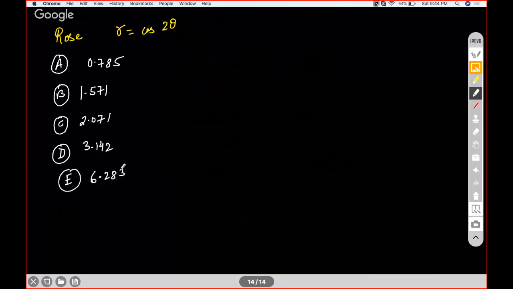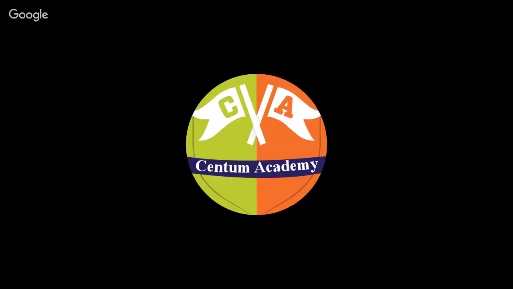By the way, just to show you on GeoGebra how it looks. r equal to cos of 2 theta. See this? A rose. Now here itself, can you suggest from where to where you will integrate this?